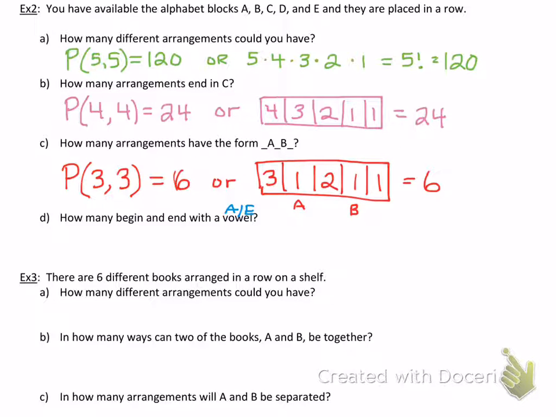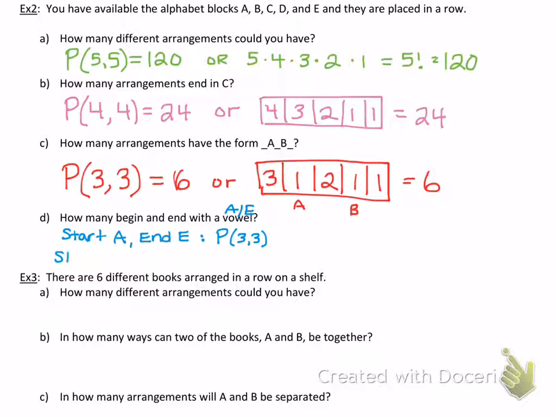So, if we start with A and end with E, 2 spots are taken up, so that means that for our permutation we have only 3 spots left and 3 to choose from.